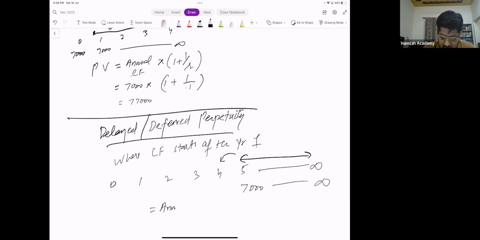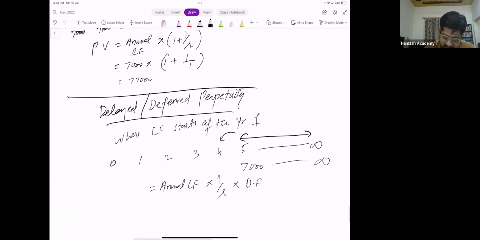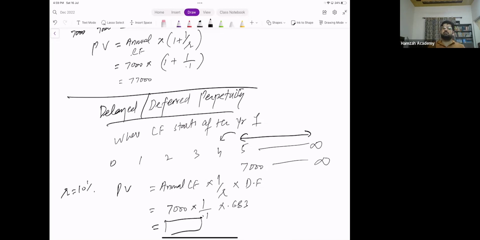So annual cash flow into 1 over R into discount factor .683. Here will be the answer. Deferred or delayed perpetuity.